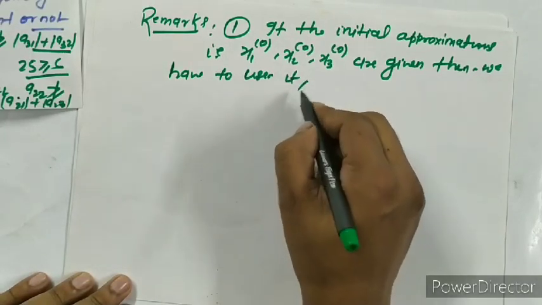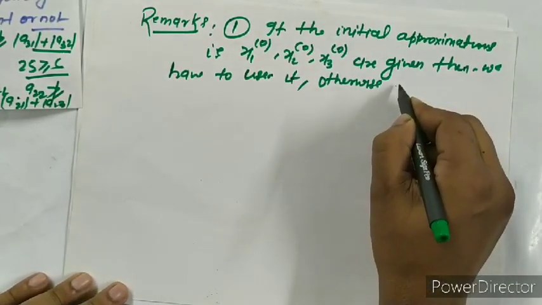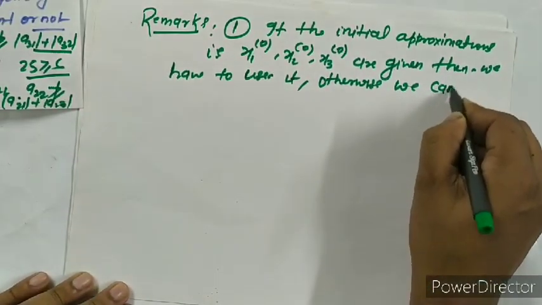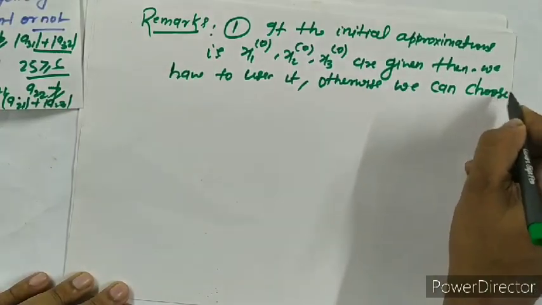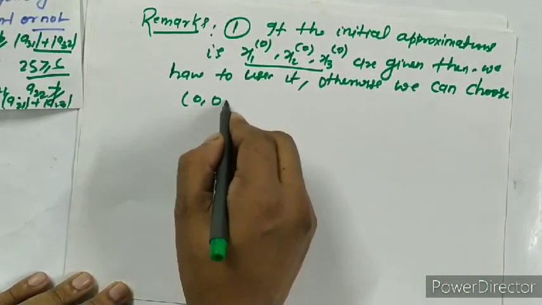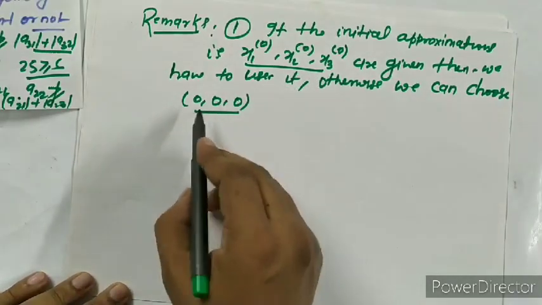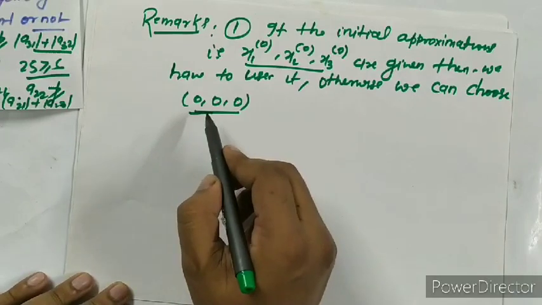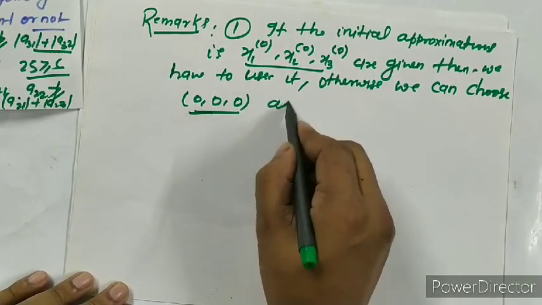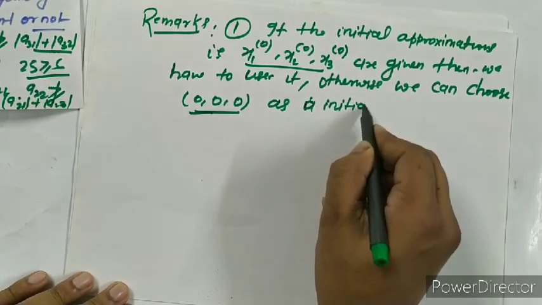Okay, otherwise we can choose initial approximation as 0 0 0. अगर दिया होगा तो ठीक है, नहीं दिया होगा तो हम क्या करेंगे, 0 0 एज्यूम कर सकते हैं एज ए इनिशियल अप्रोक्सीमेशन.